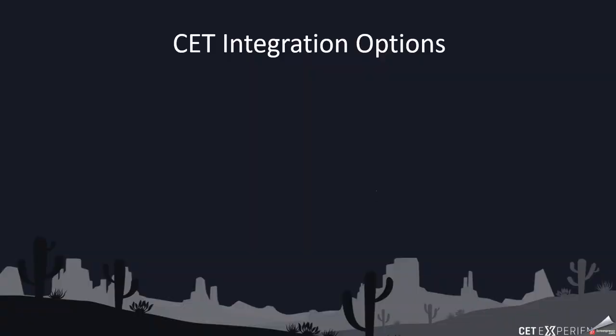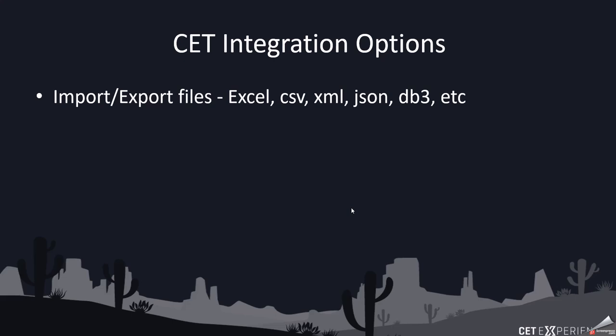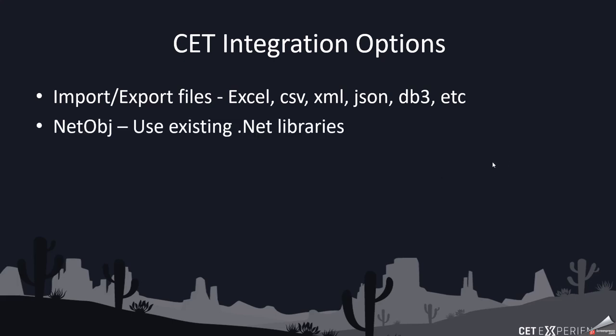So before we jump directly into ZMQ, let's talk about general CET integration options that are out there. The first one is you could just import and export files, so read and write to various file formats that other applications could consume or produce. You could take advantage of NetObj and connect with .NET libraries.